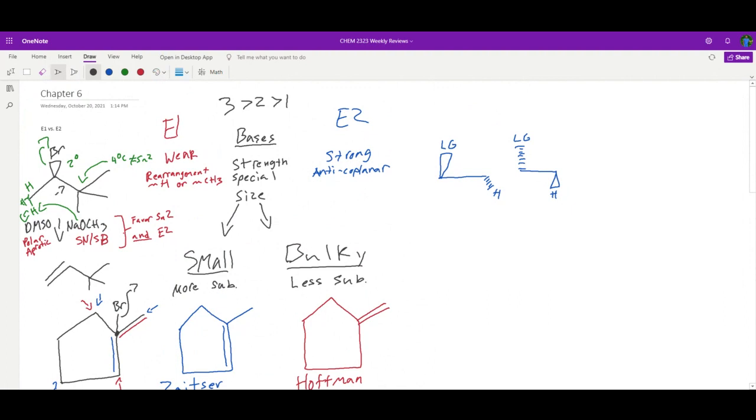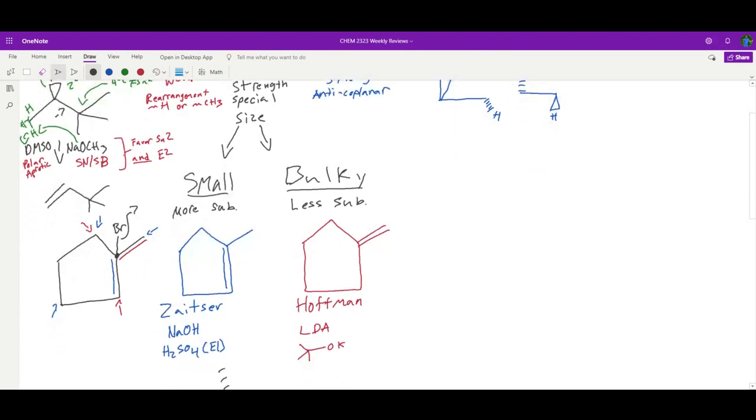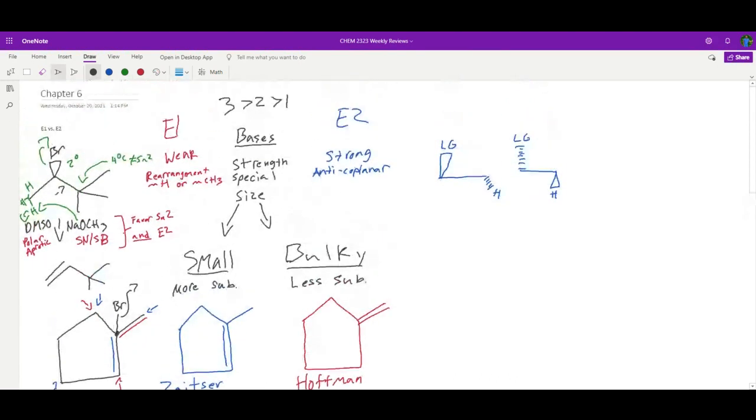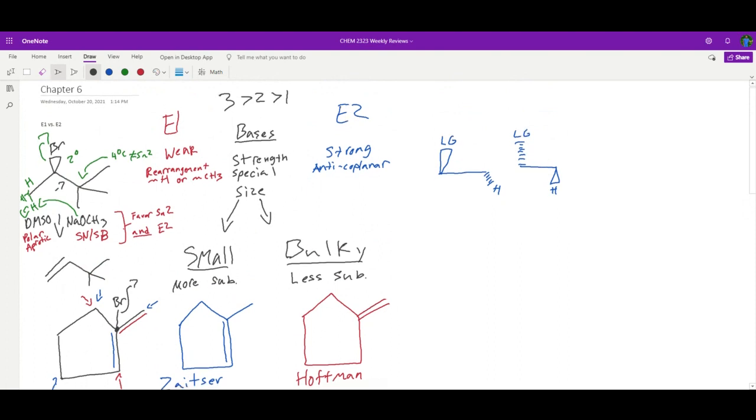The only one that does 1, 2, 3, or primary, secondary, tertiary, is SN2, because SN2 really cares about steric hindrance because of the way it attacks that leaving carbocation. E1 and E2 do not care about steric hindrance. It's only if it's a bulky base, then these bases will care about. But yeah, as far as the leaving group, we would prefer a tertiary position and then secondary and then primary. Okay.